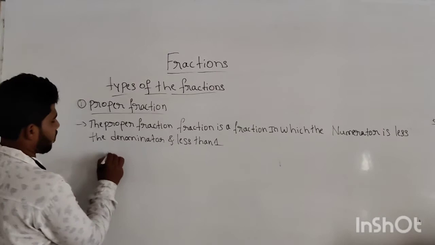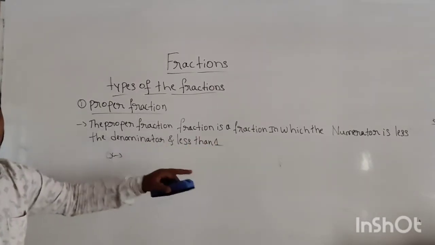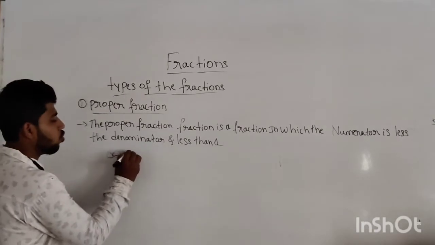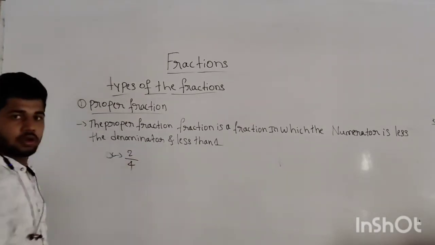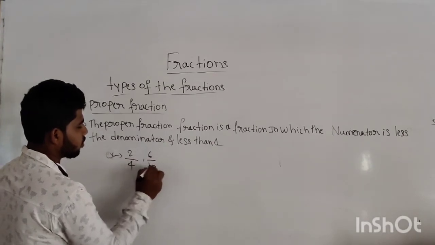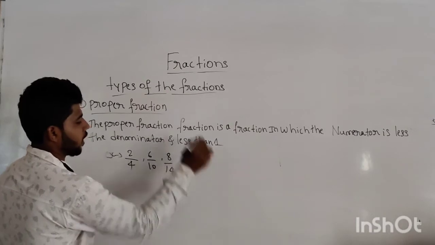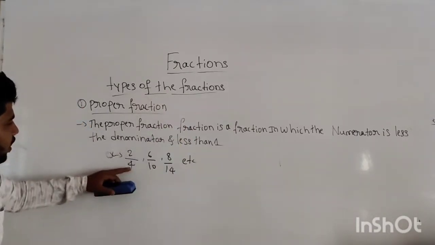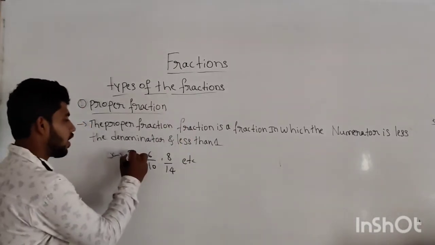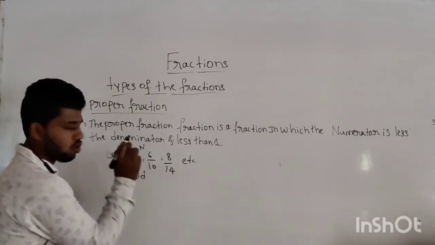An example for a proper fraction: as I already said, the numerator is less than the denominator. 2 by 4, 6 by 10, 8 by 14, etc. In the given fraction, 2 is the numerator and 4 is the denominator.